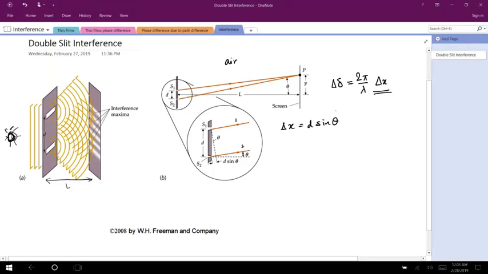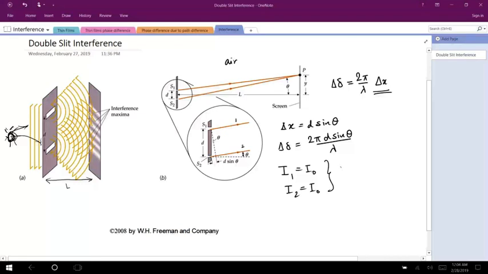So if I plug that back into my delta delta expression, I find that the phase difference has to be equal to 2 pi d sine theta over lambda. And remember, when we talk about interference patterns, if the intensity for each of the rays, I1 was equal to, let's say, I0, and I2 was also equal to I0, that's the assumption because they're coming from the same source, so the intensity at the two slits was the same.